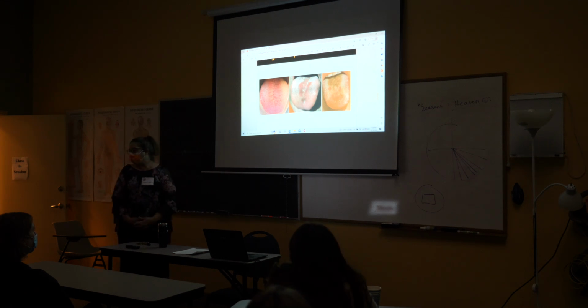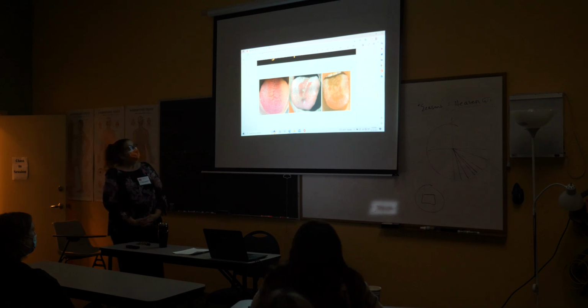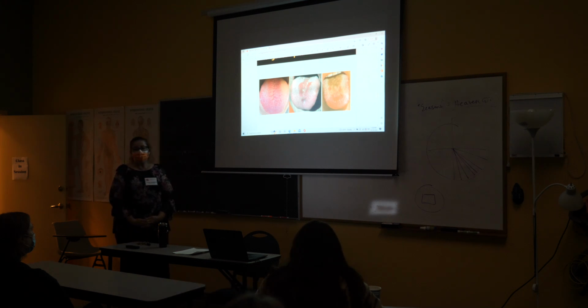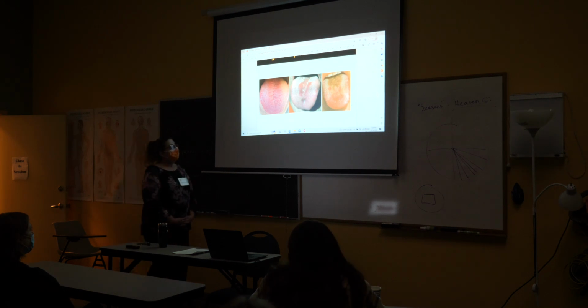They have a dark coating in the back. Sometimes you need to ask, did you drink a lot of teas? Do you smoke cigarettes? Because this can also make it a little bit darker. But they have more of a brownish type. Usually if it's more heat, we would need to look at what is happening with their elimination system, whether it is their bladder or their intestine, what is going on with them.